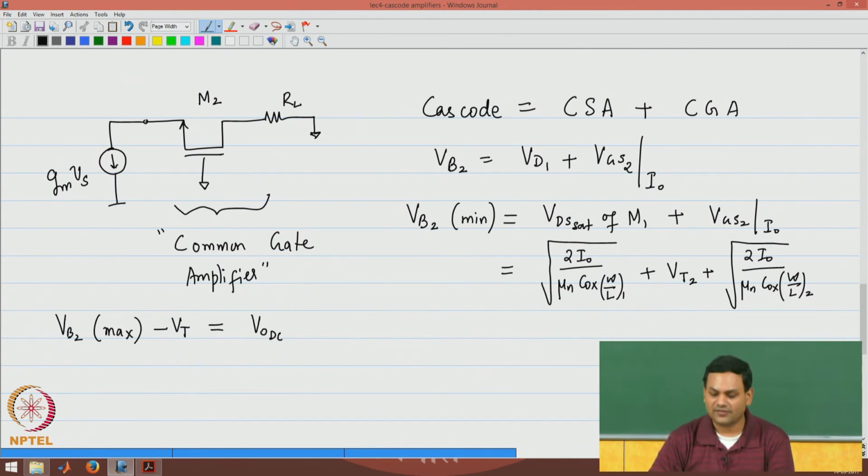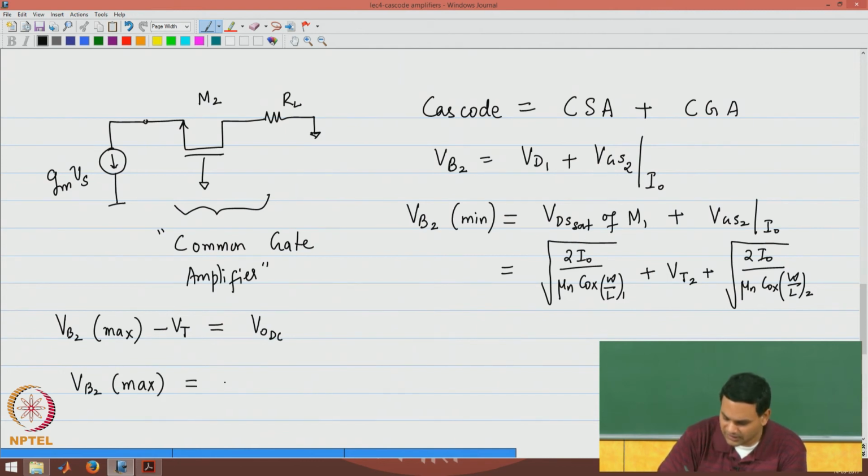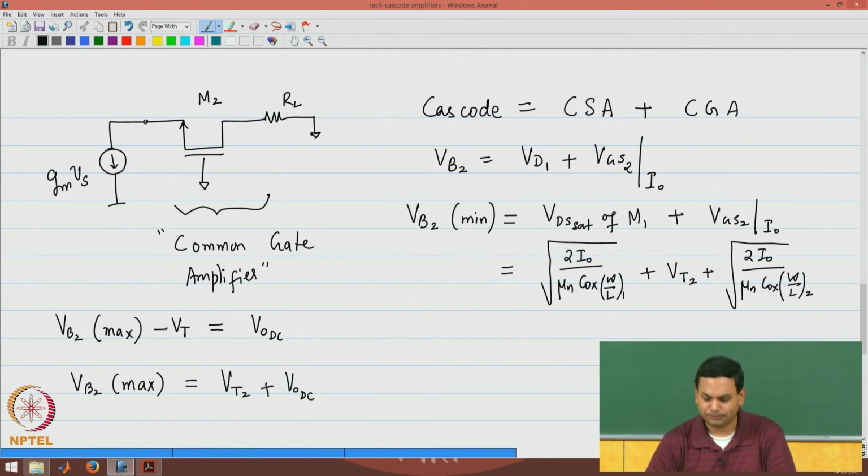In other words, VODC is the drain voltage and that becomes exactly equal to the gate voltage, which is VB2 minus VT, and therefore VB2 max is nothing but VT2 plus the output DC voltage. As long as you choose the bias voltage VB2 such that it lies between these two values, you will ensure that for DC both transistors are in saturation.